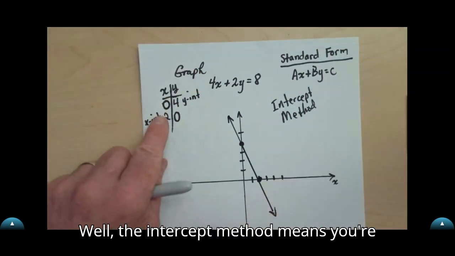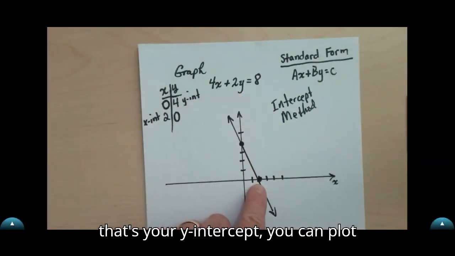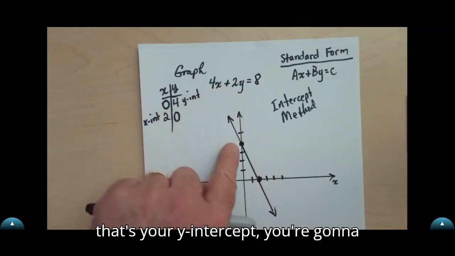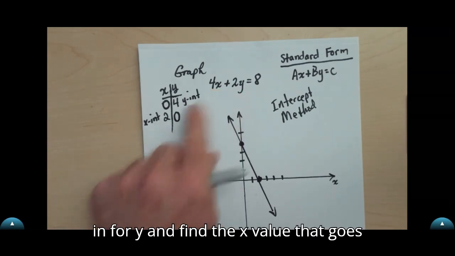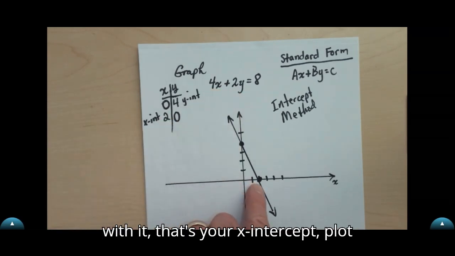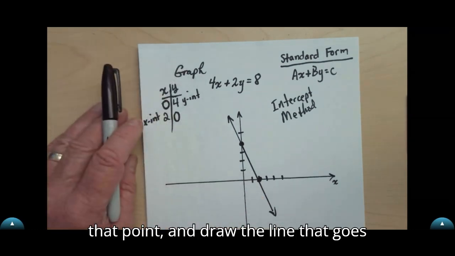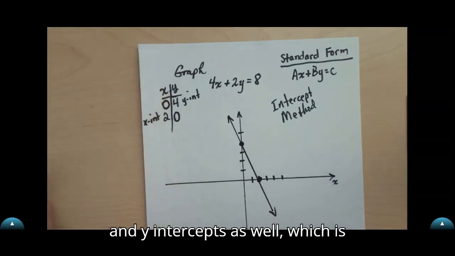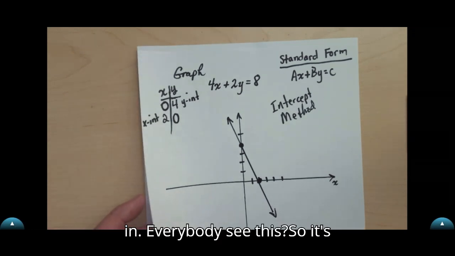Well, the intercept method means you're going to plug 0 in for x and find y, and that's your y-intercept. You're going to plot that point. Then plug 0 in for y and find the x value that goes with it. That's your x-intercept. Plot that point and draw the line that goes through it. And of course, you know the x and y intercepts as well, which is sometimes information we're interested in. Everybody see this? So it's easy.